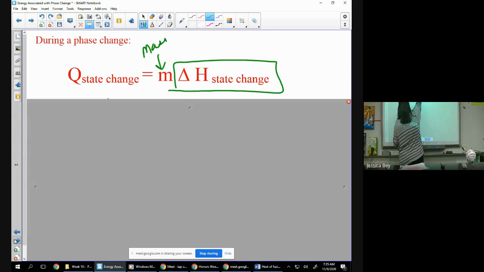No worries, that didn't change. You're just going to take mass times this delta H. And delta H is just how much energy it takes to change phase.